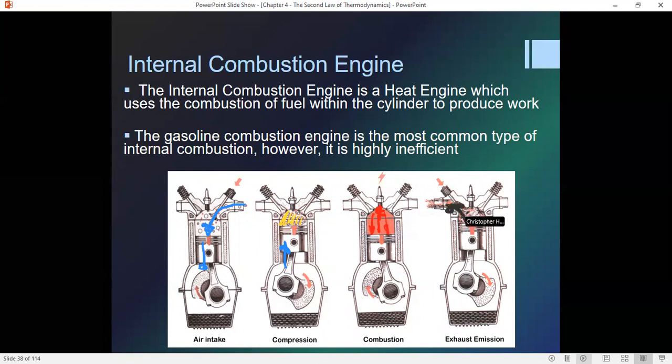Okay, so you can see we have the gas fuel mixture, which is compressed when it's cold. It's allowed to expand when it's hot. Okay, and then the excess heat is dumped into the environment as exhaust.